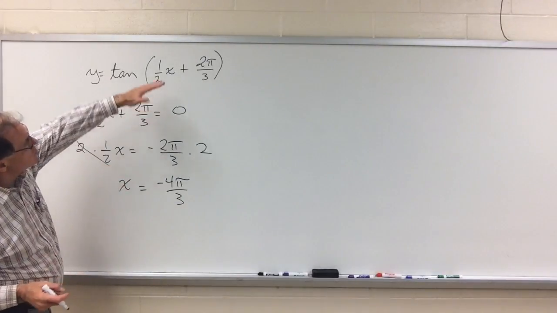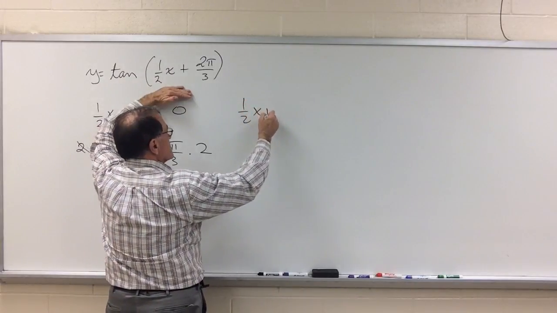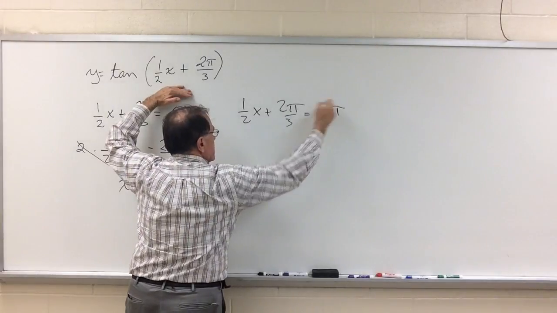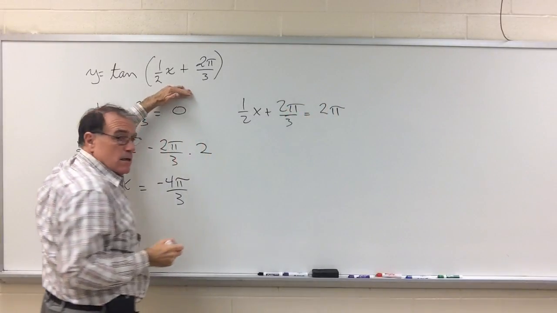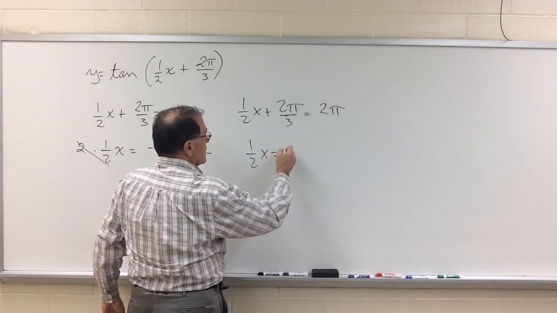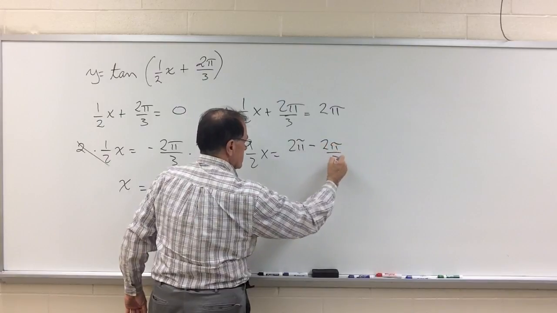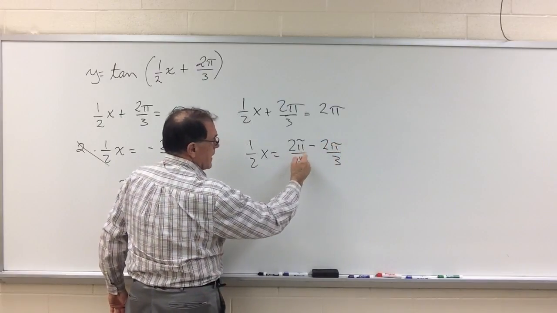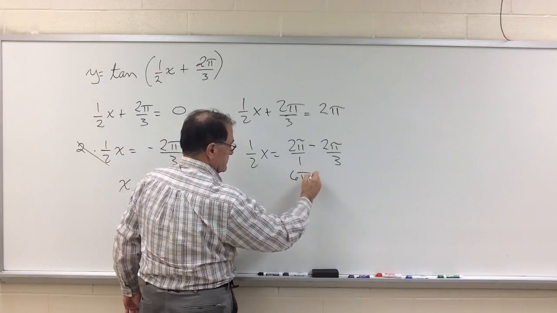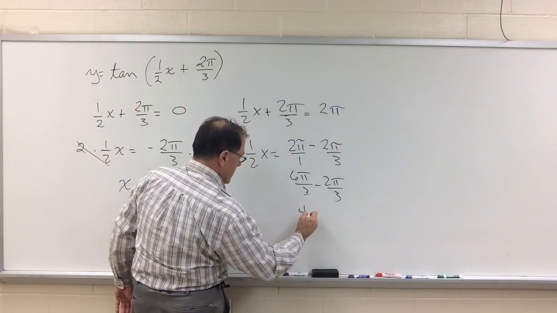And it will finish when this angle, 1/2 x plus 2 pi thirds, is equal to 2 pi. So once again, I need to solve for x. So 1/2 x will equal 2 pi minus 2 pi thirds. Well, 2 pi would be 6 pi thirds, which would give me 4 pi thirds.